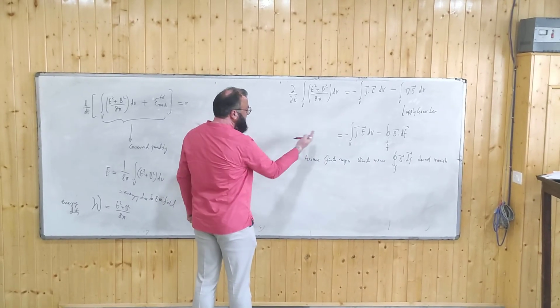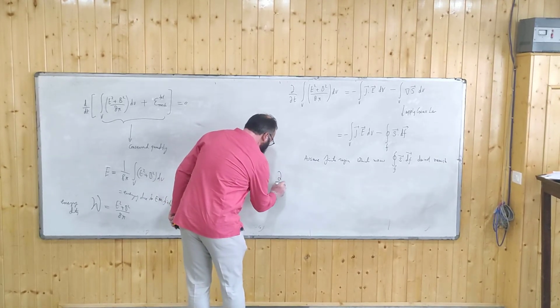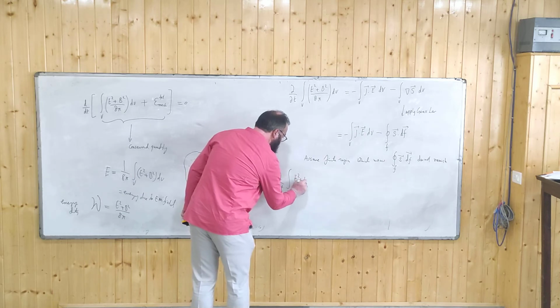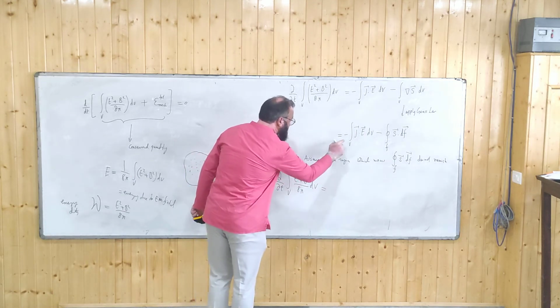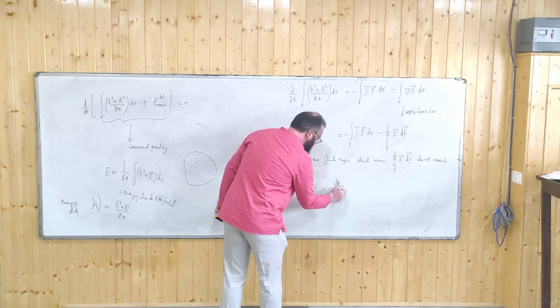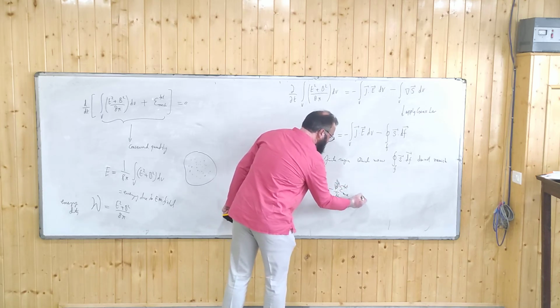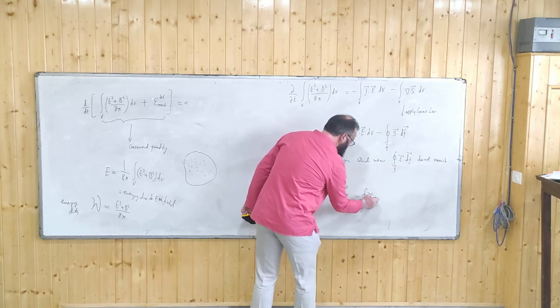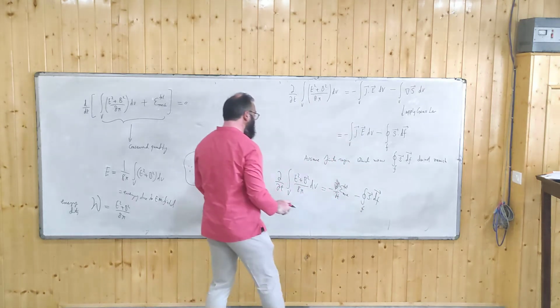Okay, so let's rewrite this very equation. You are having partial by partial t of the integration over volume E square plus B square by 8 pi dv. Minus partial by partial t, so it gives me the total mechanical energy, minus S dot df.